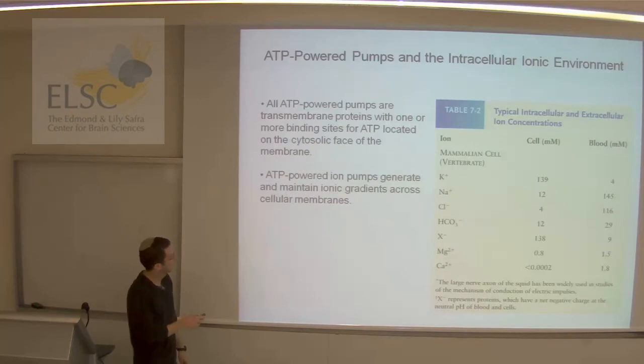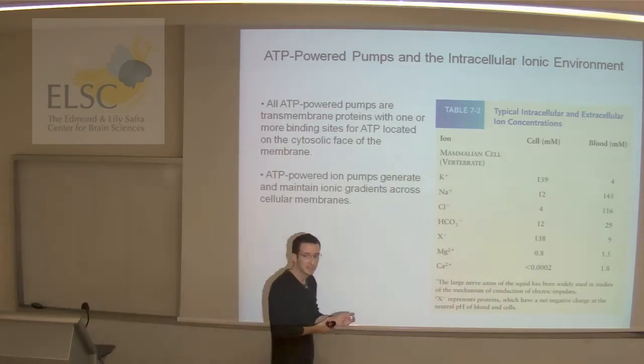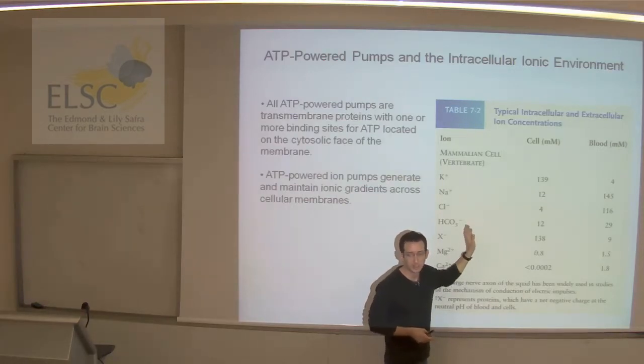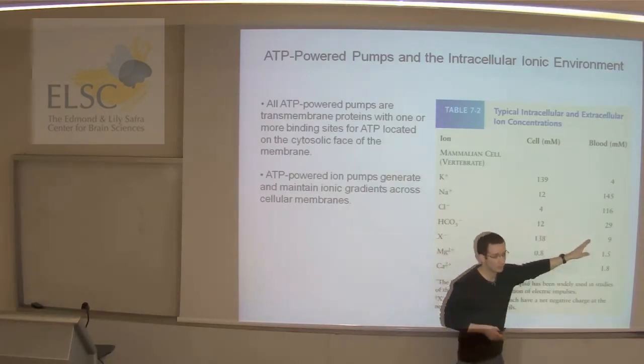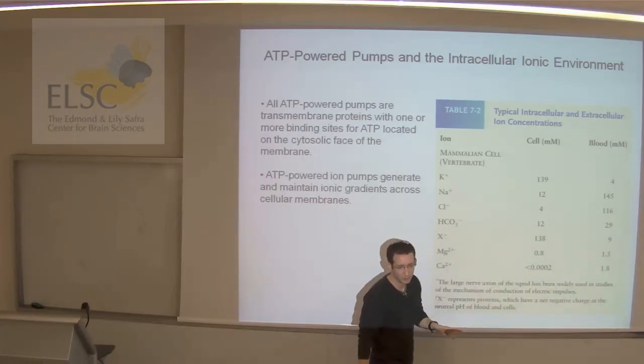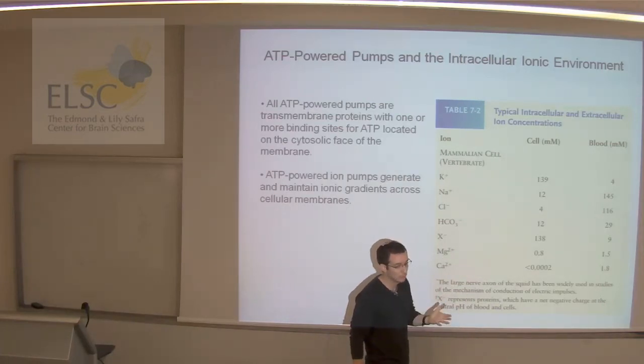And they are the ones responsible for the generation and maintenance of ionic gradients across cellular membranes. And this is the typical standard picture of ionic concentrations inside of the cell and outside of the cell for almost any cell that exists in nature. So ionic gradients across the cellular membrane are not a feature that is specific to neurons.